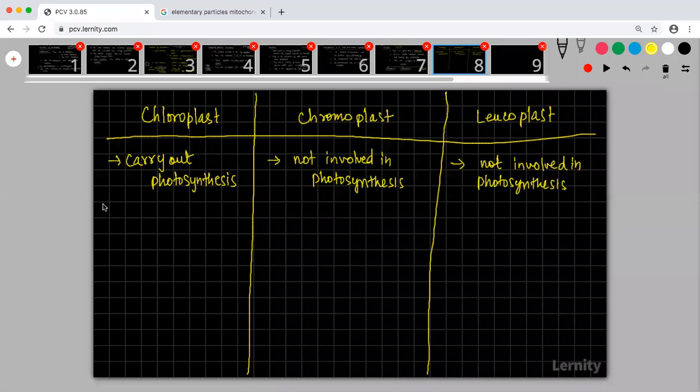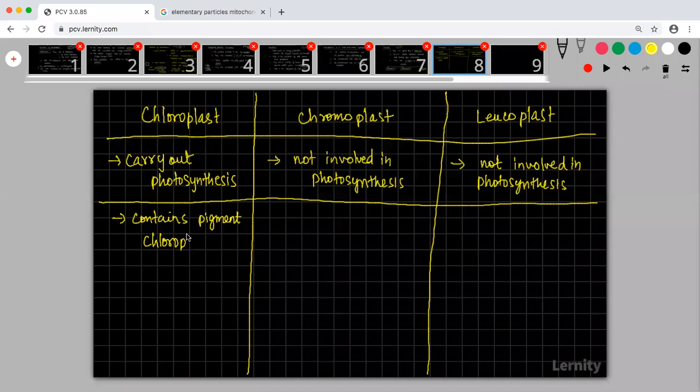Okay. So what about the pigments? Chloroplast contains pigment chlorophyll. What about this one? This will be containing pigment. What pigment?